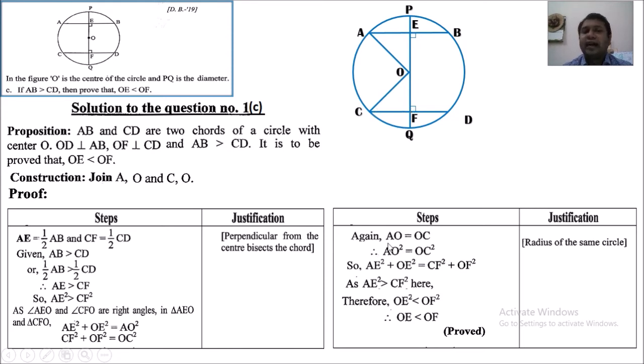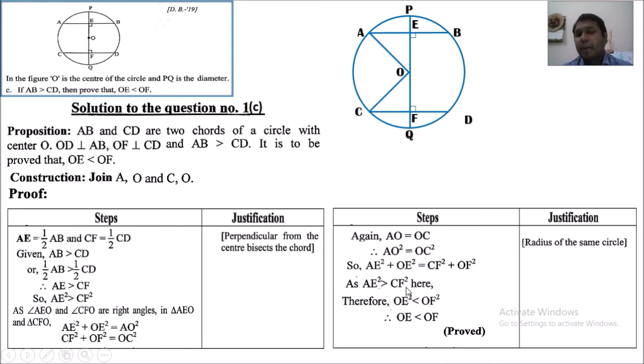As AO and CO are equal because they are radii of the same circle, we can tell AO square equal to CO square. So the value of AO square is AE square plus OE square, and OC square equal to CF square plus OF square. So from that, we write AE square greater than CF square from above.